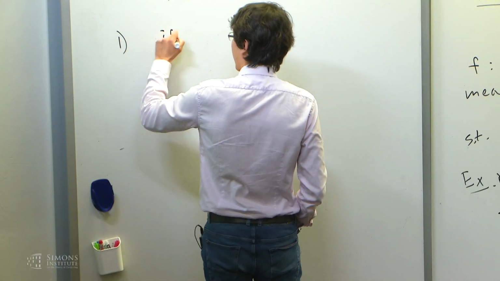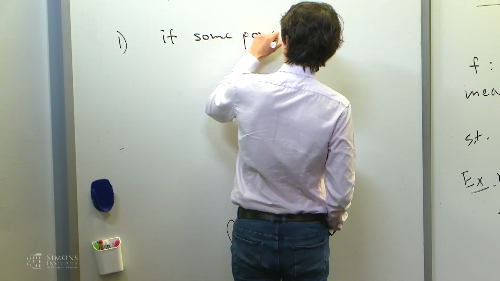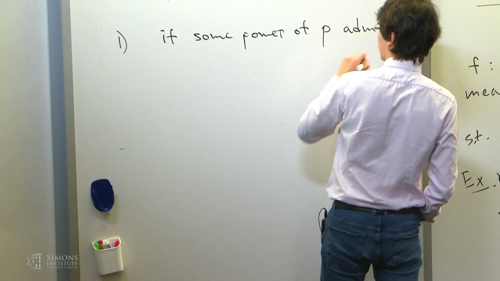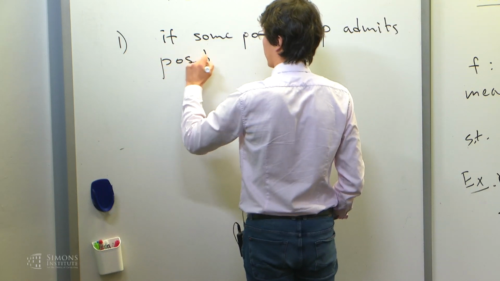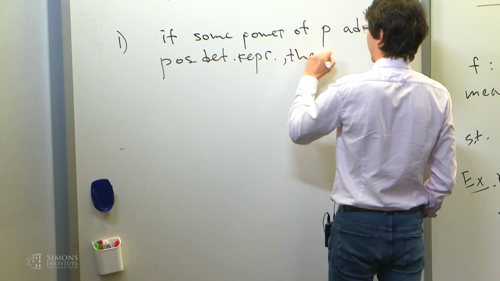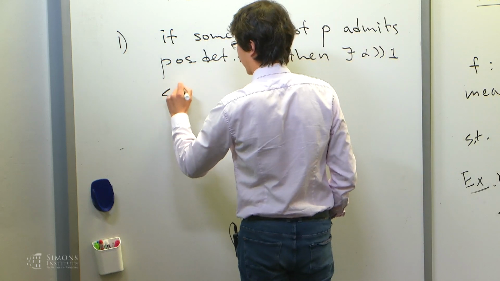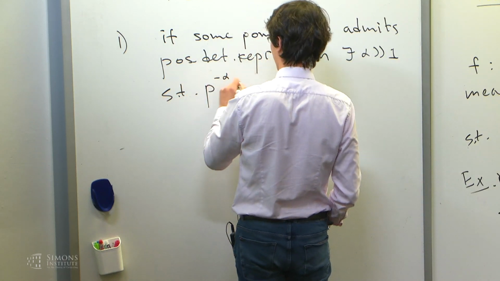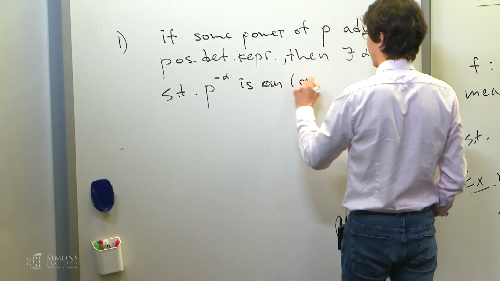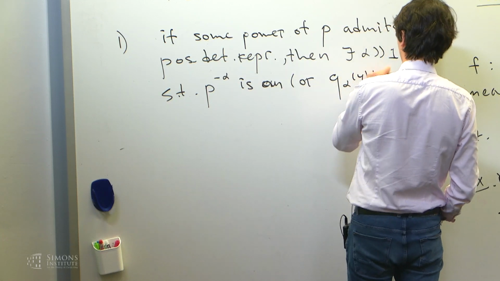So if some power of P admits a positive determinantal representation, then there exists alpha sufficiently large such that P to the power minus alpha is completely monotone, okay? Or equivalently, Q alpha of y is non-negative on my cone C star.